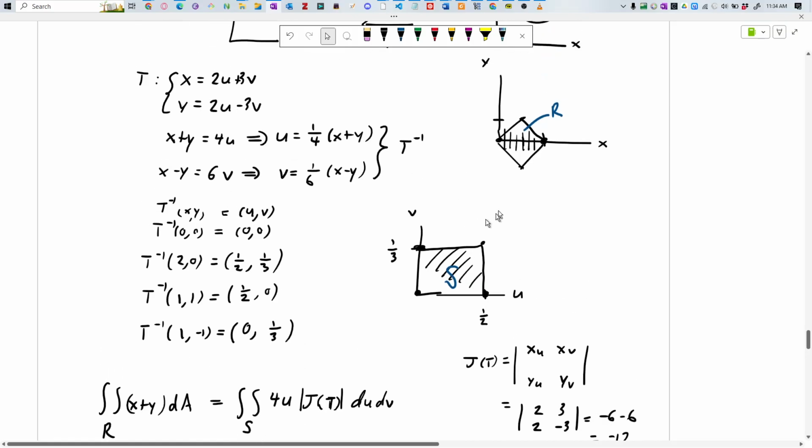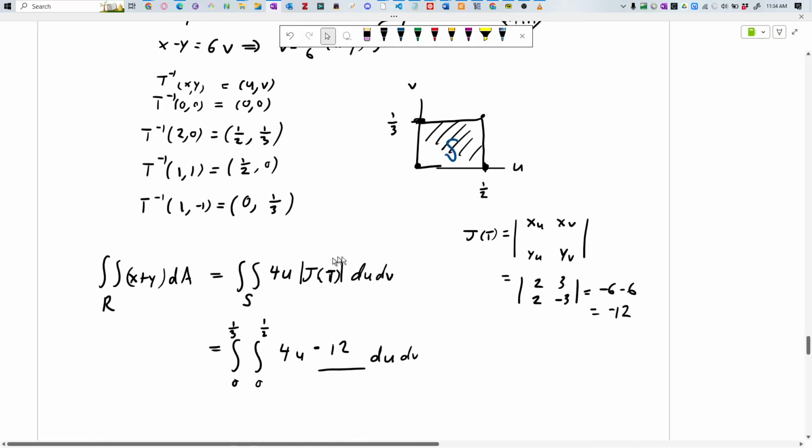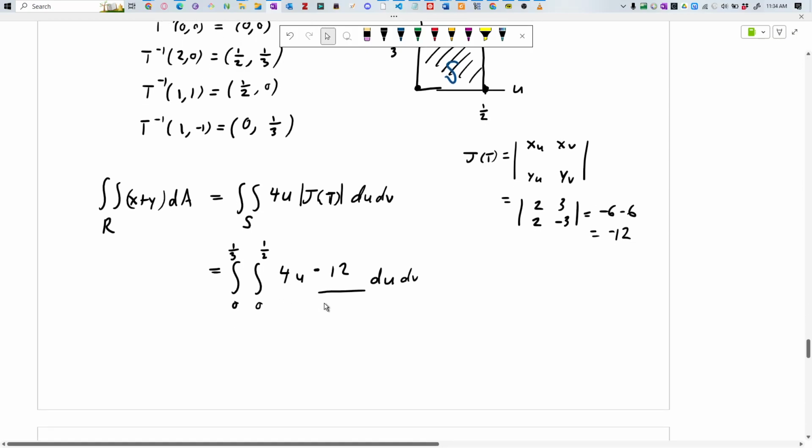Something ends up being flipped in the parameterization of the region, and so then you end up having two negatives which ultimately cancel each other out, which is why it's totally fine for us to just put absolute values around the Jacobian and integrate over the region in the standard manner, in the positive manner, I suppose.